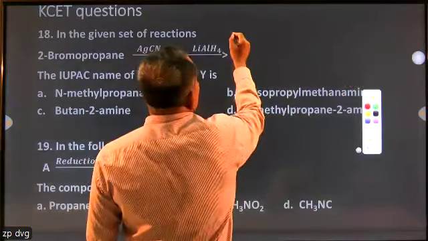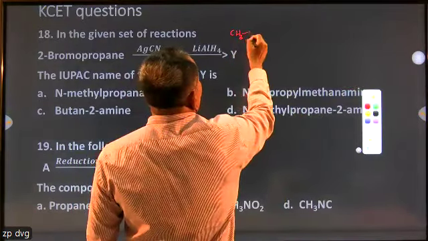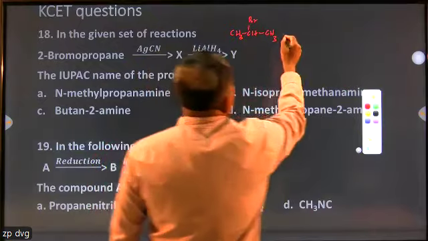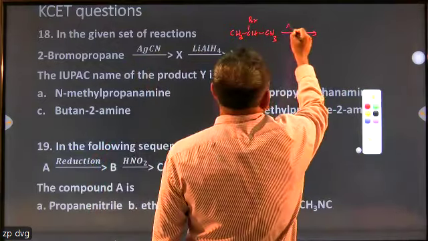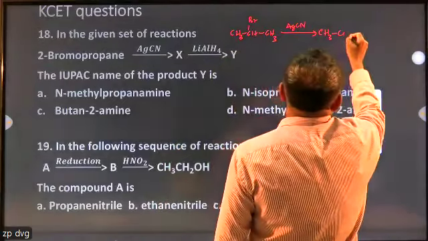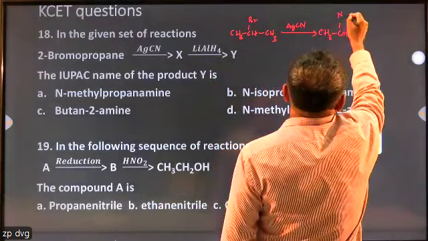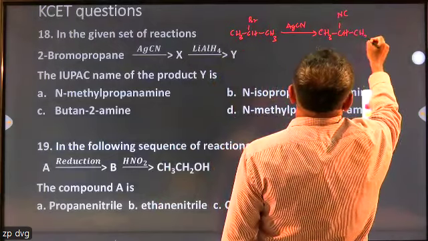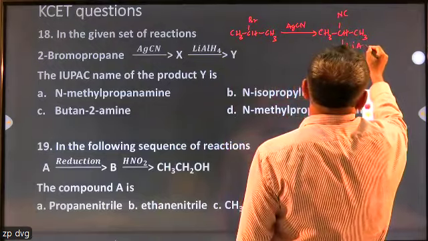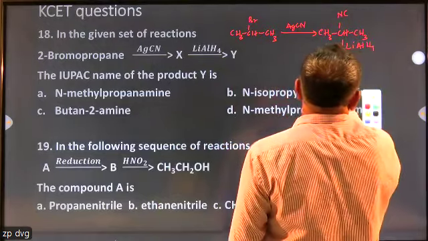So 2-bromopropane, when you react with silver cyanide, you get an isocyanide. So this is the isocyanide, NC. And this upon treating with lithium aluminum hydride, you get this compound.